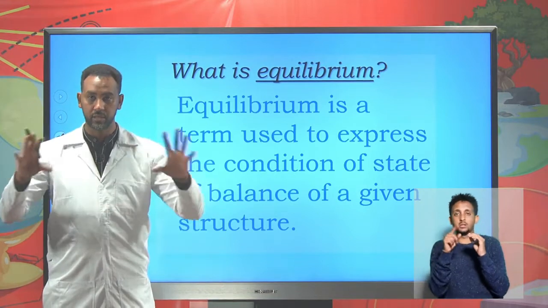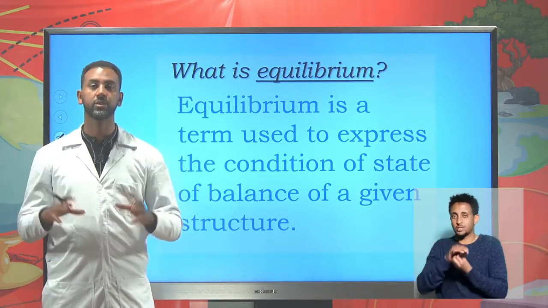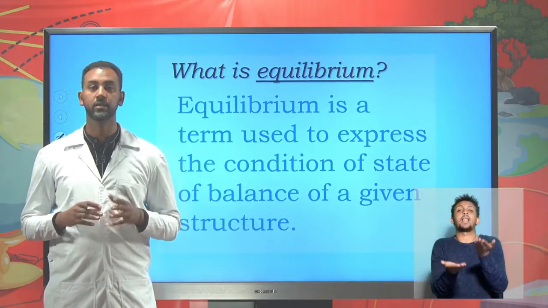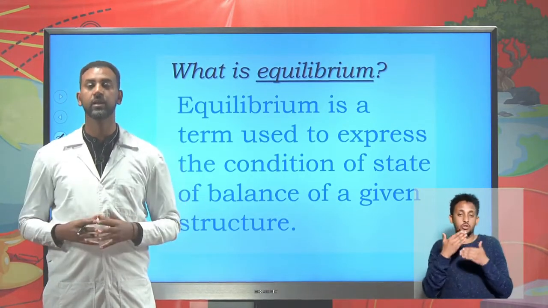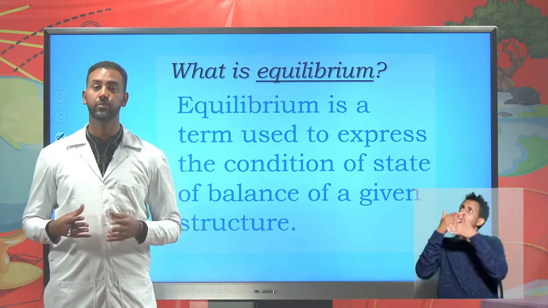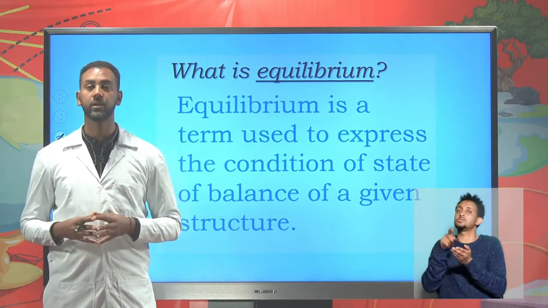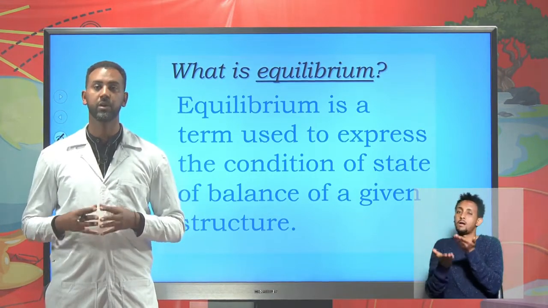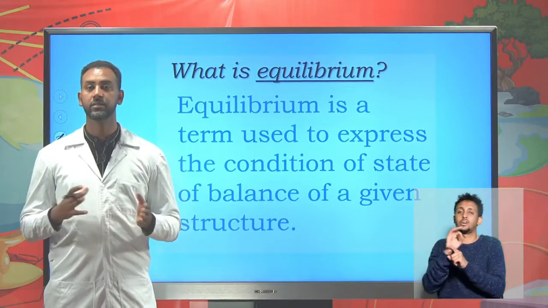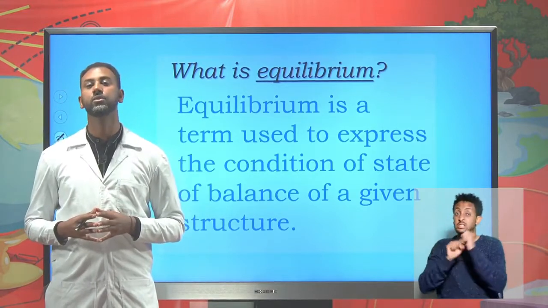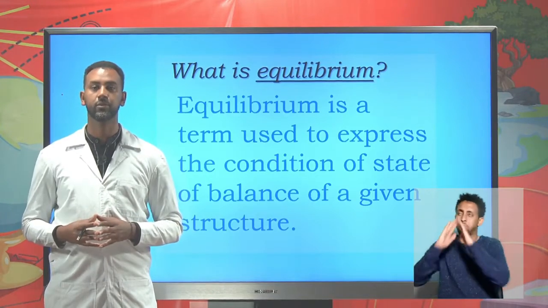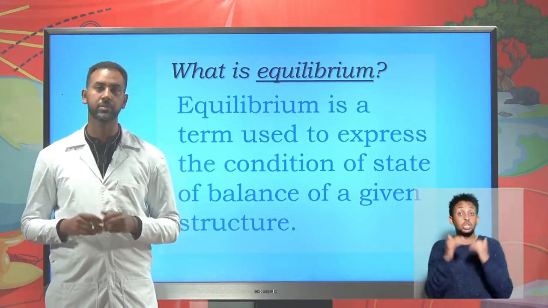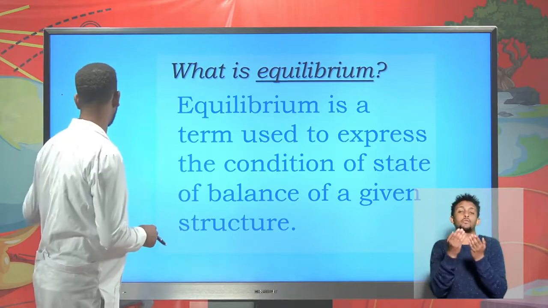That means the net force exerted on that object should be balanced so that it functions properly. If you have a building, that building should be in a state of equilibrium for it to function properly. Unless the system is in a state of equilibrium or balance, it will collapse. Therefore, this is what we call equilibrium: a measure of the state of balance.